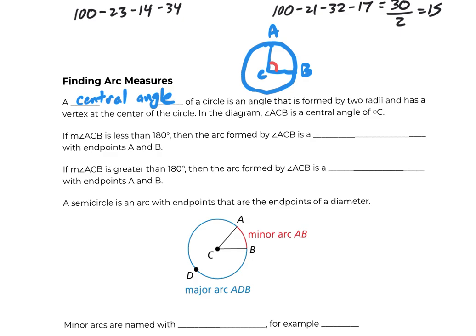The arc that's between those two is what we call arc AB. And there's two different arcs that are formed here. The small one is what we call a minor arc. So from A to B here, I would label that as arc AB.